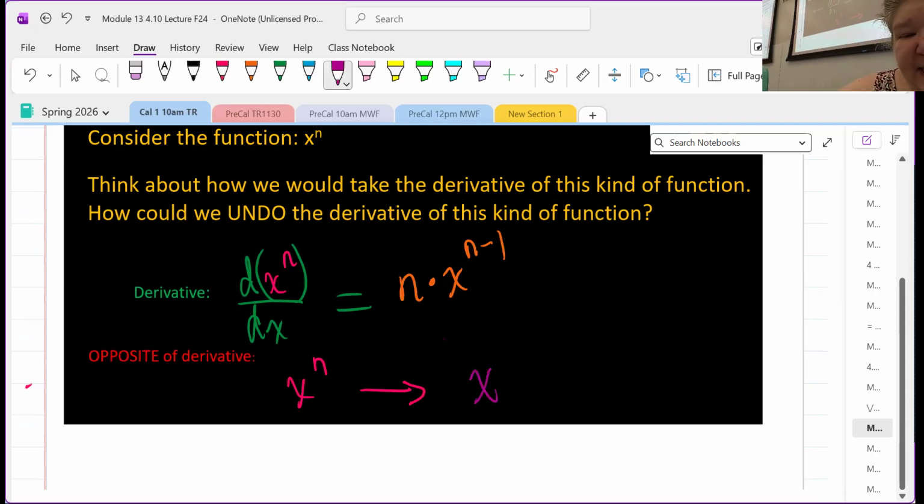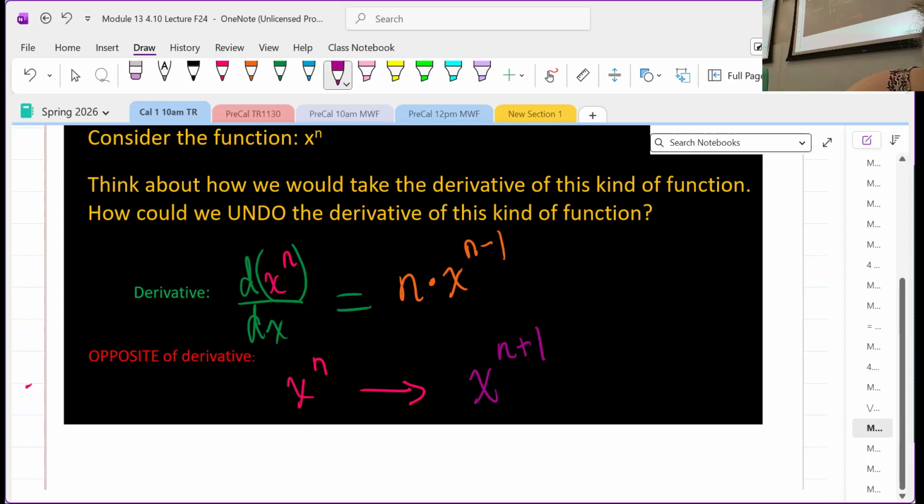So instead of taking one off the power, I'd add one to the power. And then instead of multiplying by n, I want to divide by n. But here's where doing a process backwards, the order you do it backwards in matters. So normally we bring the power down and then subtract 1. When we're doing the process backwards, we also have to reverse the order of the steps.